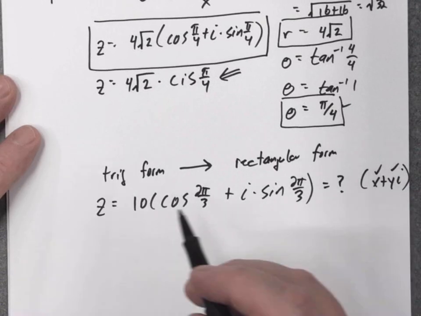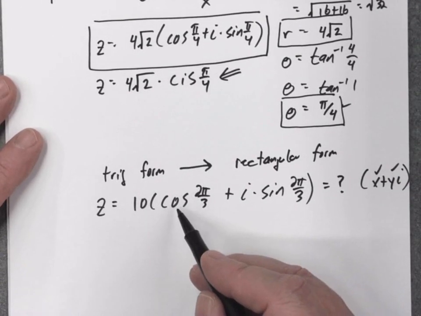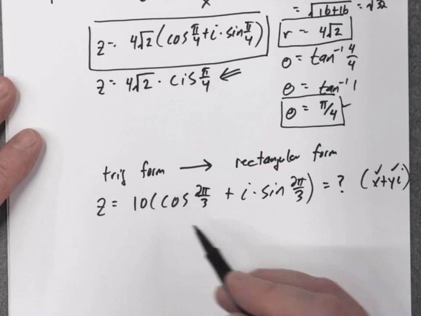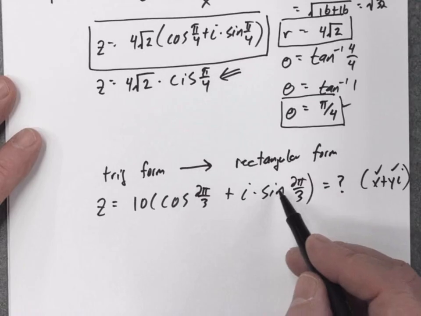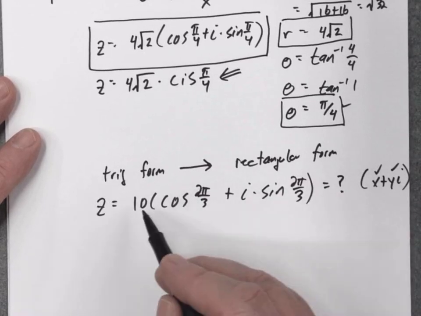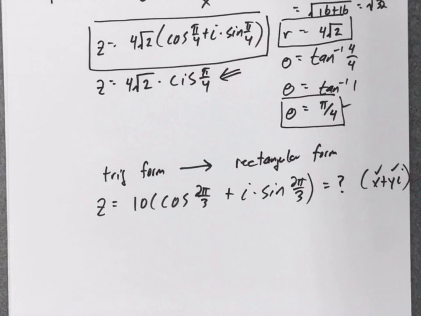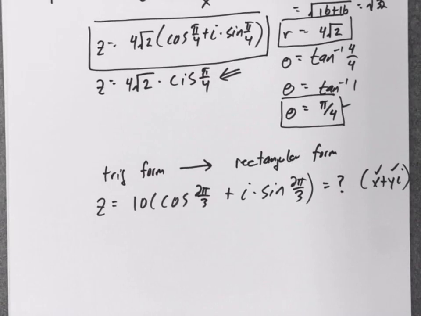All you do is multiply out the parentheses. 10 times the cosine of 2 pi over 3 is going to be my x, and then 10 times the sine of 2 pi over 3 is going to be my y. So it's almost like I just distribute the 10 inside these parentheses, and then I will have my complex number in rectangular form. And 2 pi over 3 is a special angle.